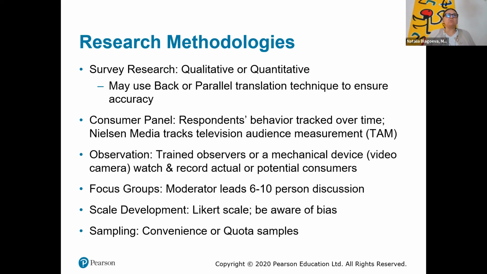And we can also use back or parallel translation technique to ensure accuracy. What this means is when we are translating surveys into other languages, we can actually make some big mistakes. So by translating it back and forth, we can see mistakes, language mistakes.